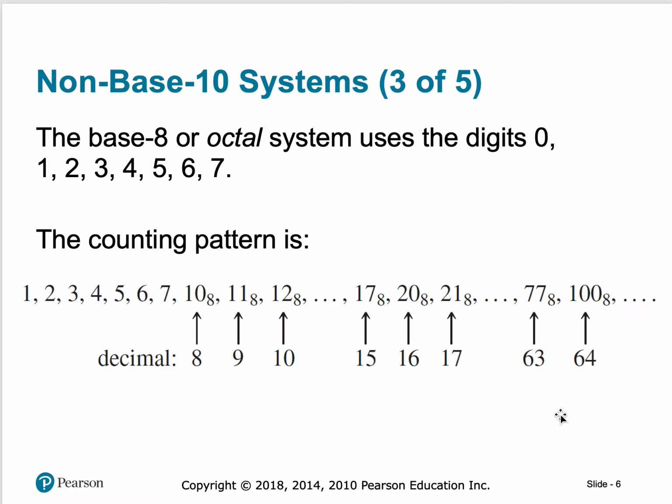Likewise, if I was in base 8, I would use digits 0 to 7, so I can't write the number 8. The counting pattern would be 1 through 7 would be normal, but then what was formerly 8 becomes a 10.